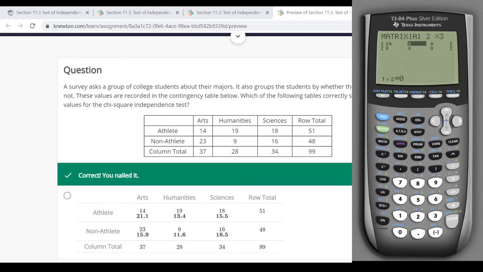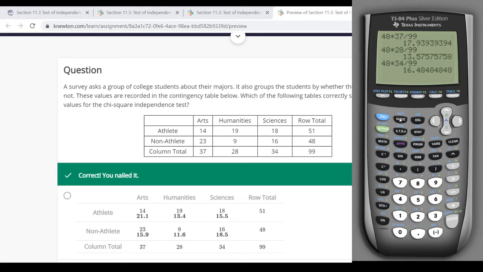First row, second column, 19. First row, third column, 18. Moves you down to the second row: second row, first column, 23. Second row, second column, 9. Second row, third column, 16. Now get out of here, second, and quit.